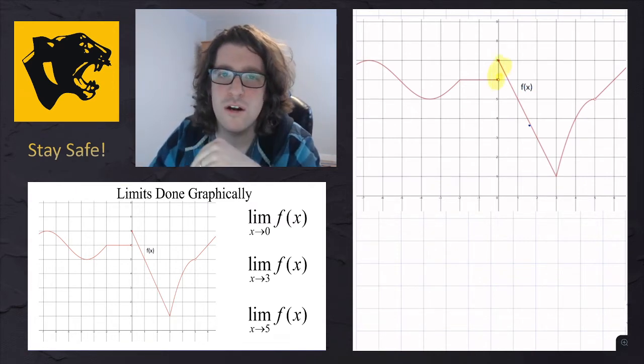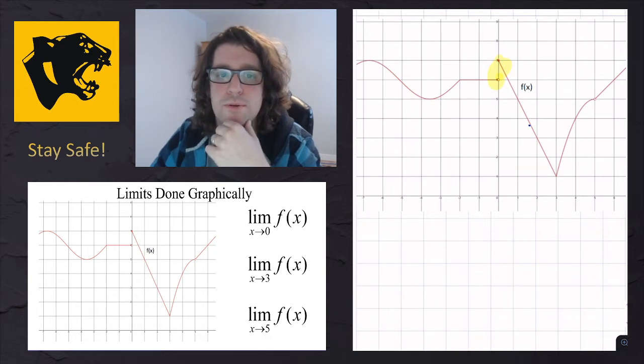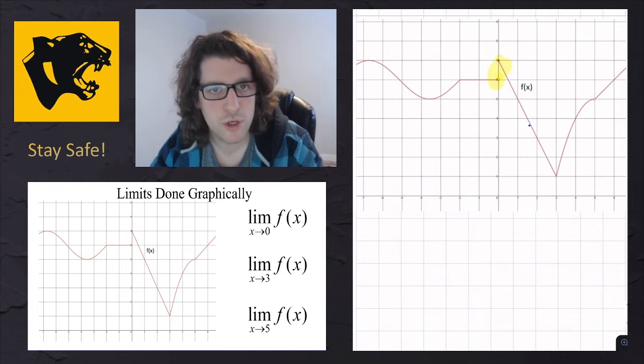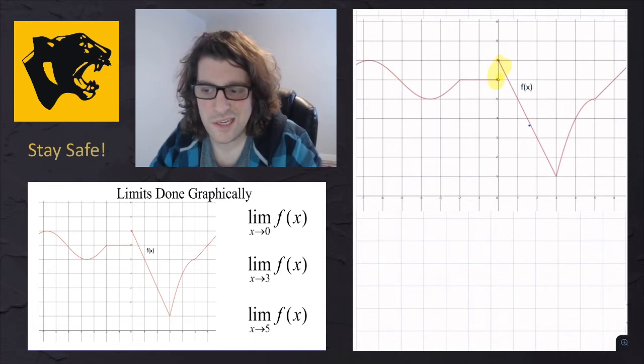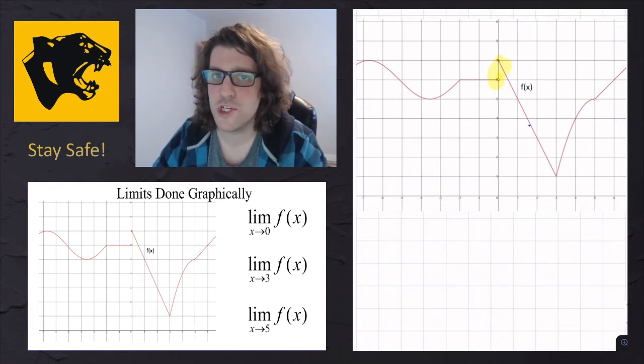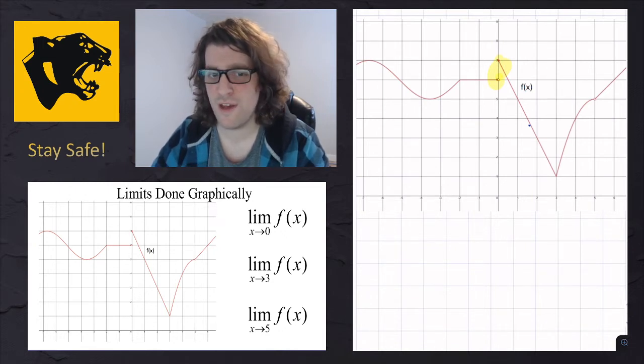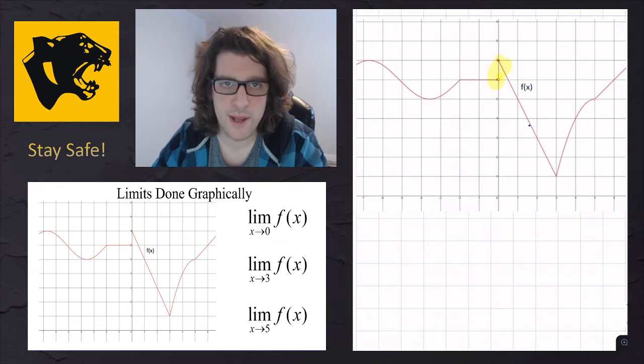Piecewise functions are kind of the go-to when it comes to describing how limits behave, because most of the functions that we've looked at so far are continuous over their domain, which means that you could draw every part of them where there is a value without lifting your pen or pencil.